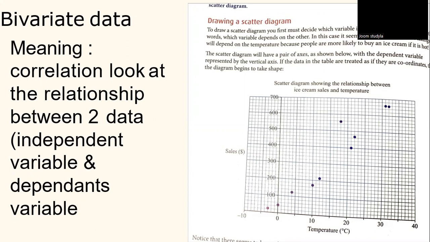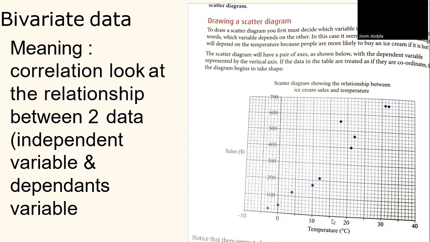So the scatter diagram will have a pair of axes as shown below, with the dependent variable represented by the vertical axis. If the data in the table are treated as coordinates, the diagram begins to take shape.